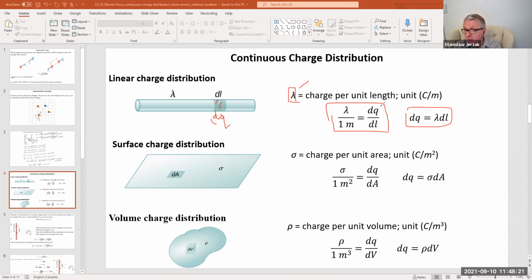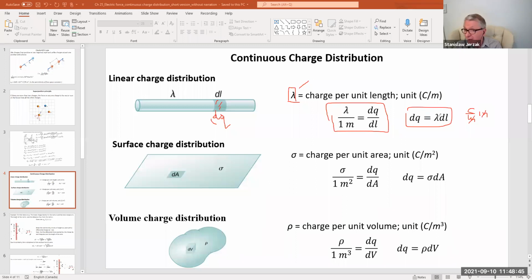So here I'm using proportion. Remember, this is just to write the proportion that dq is equal to lambda times dl. And as you see, if lambda is in coulombs per meter, and the product is times dl, which is in units of meter, then meter will cancel, and dq you will get in coulombs as required.